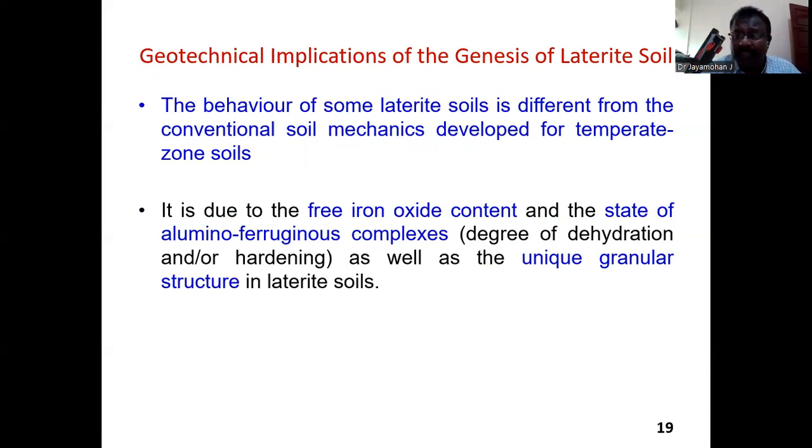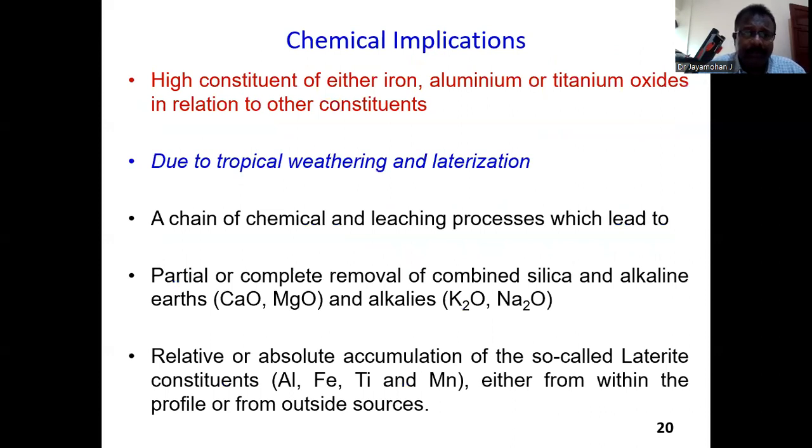It is due to three things: the free iron oxide content, the state of alumino-ferruginous complexes, the relative contents of aluminum and iron oxides, and its unique granular structure. These are the three aspects of laterite soil which make it behave differently from sand and clay.